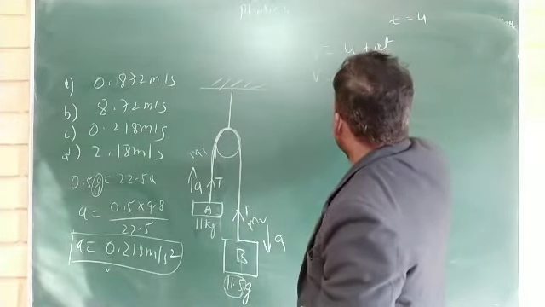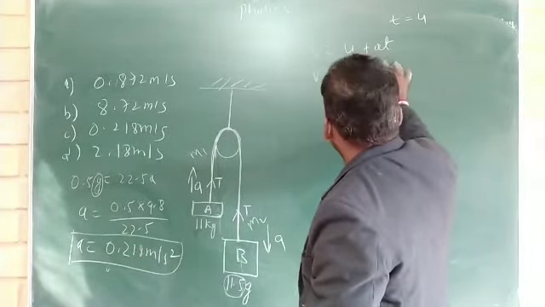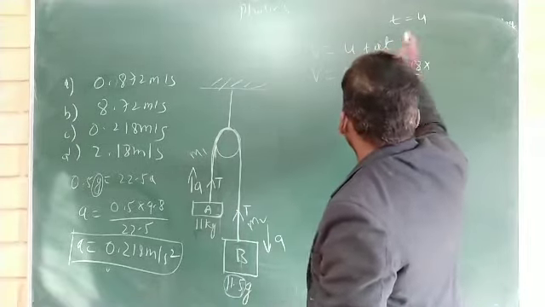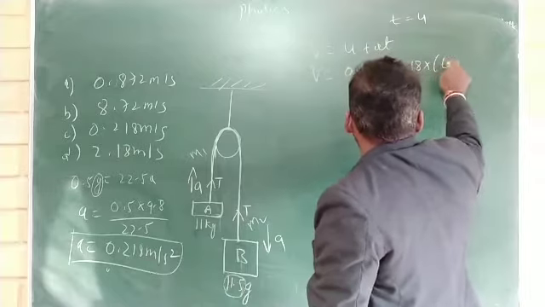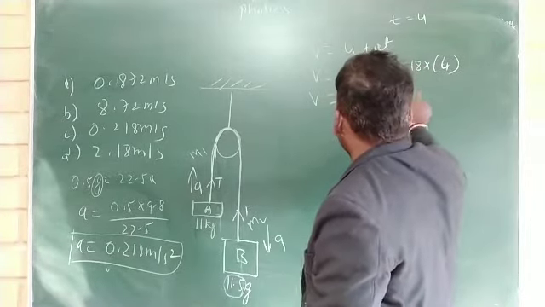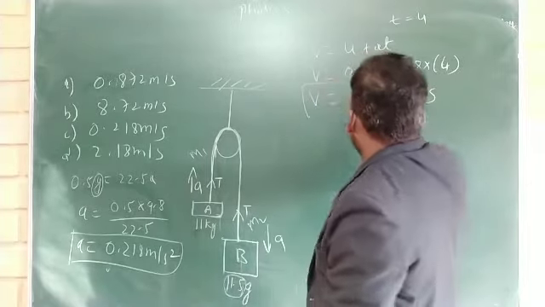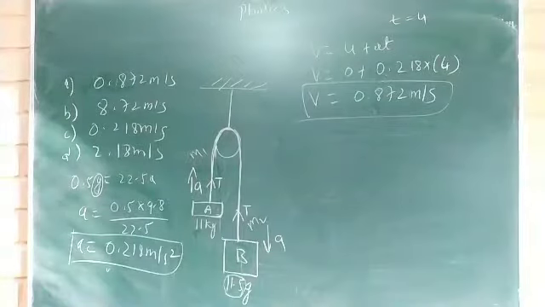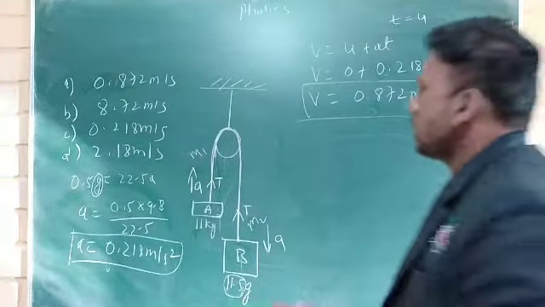Therefore, v is equal to 0 plus 0.218 into 4. Therefore, v is equal to 0.872 meter per second. After 4 seconds, the velocity of each particle is 0.872 meter per second. Option A is correct.